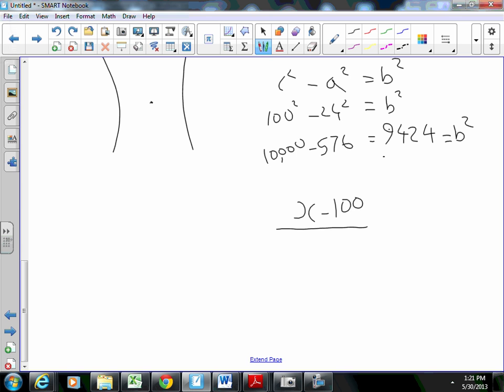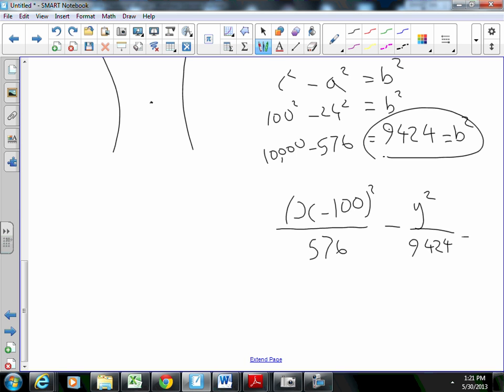You can write 24 squared or 576, whatever you want. And then subtracted y squared, that's the other coordinate point, which would be 0, so it's y minus 0, squared. And that's divided by B squared, which we said already was 9424. And that should equal 1. Okay, so that's the equation of the hyperbola.